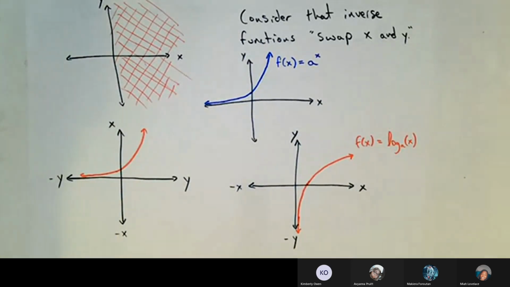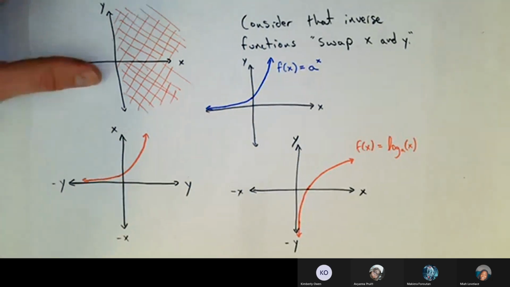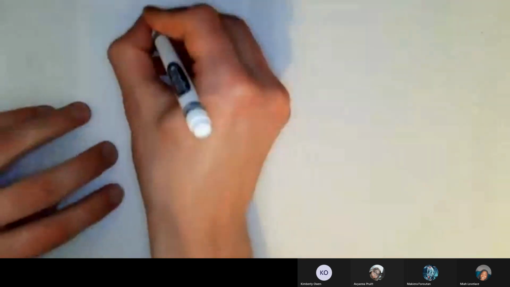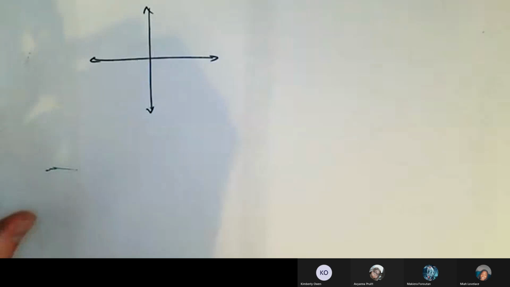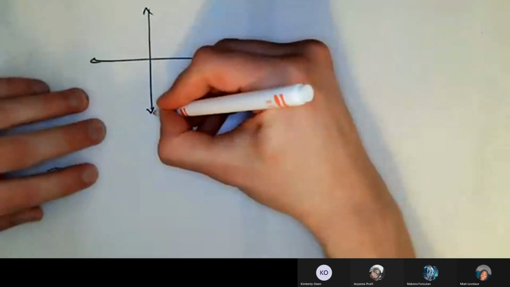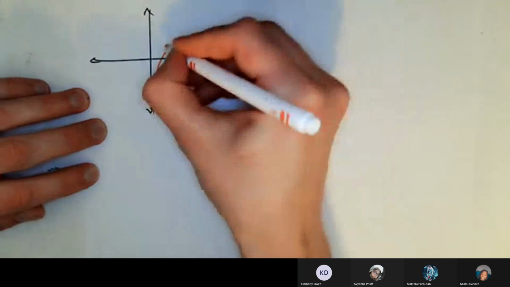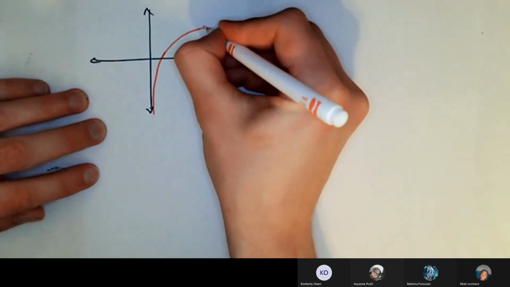So let me redraw it and then make some notes about it, and then we'll look at some specific examples in Desmos. I do know that one special point that it goes through: it hugs this, and it goes through this point on the x-axis.